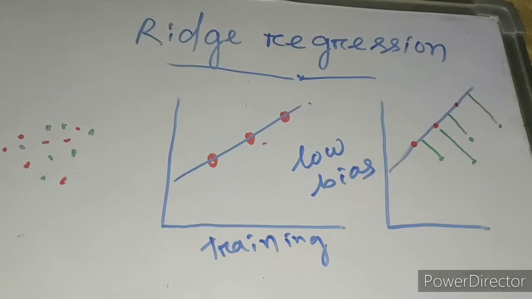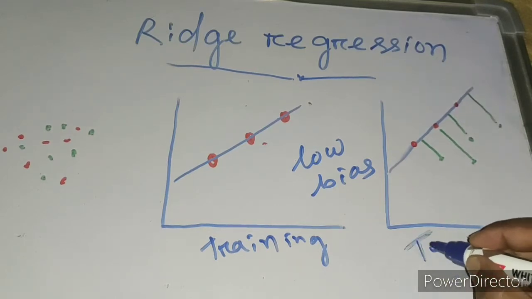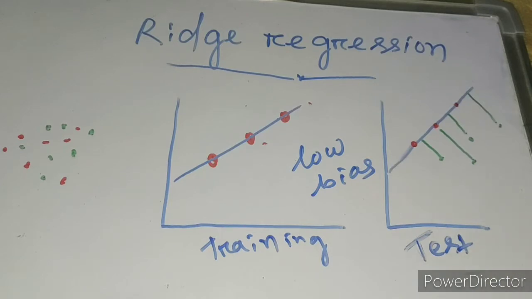In testing, we can see that only those data which were present in training fall on the best fit line. There are many other data present in testing, and those are not giving us a good result.